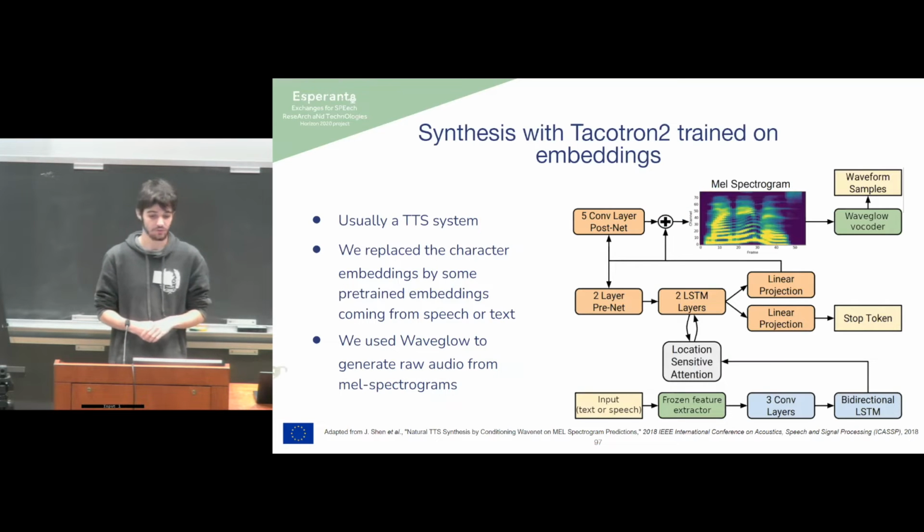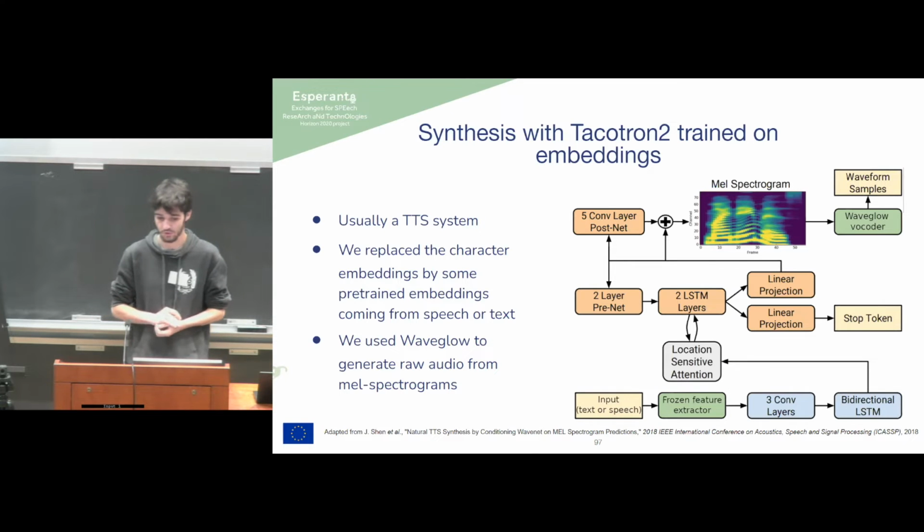So first of all, for Tacotron2, the main modification we did was basically to change the input. The input in a regular Tacotron2 is text, some character embedding of text, and we changed it with an input which could be text or speech, and a frozen feature extractor such as WavLM or XLSR or any other, and then just trained this system to generate mel spectrograms from these embeddings. Depending on the embeddings, we got pretty different results. For example, taking WavLM features as an input worked very well.